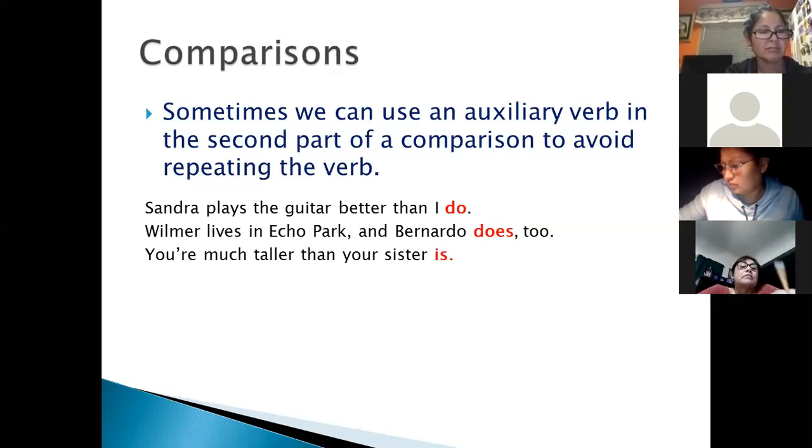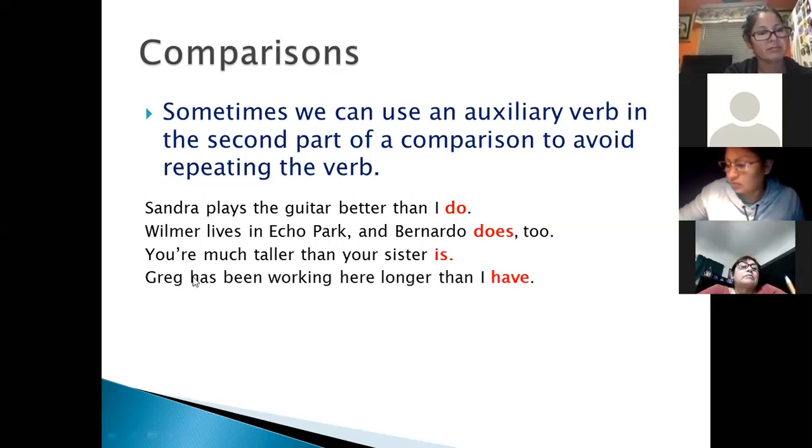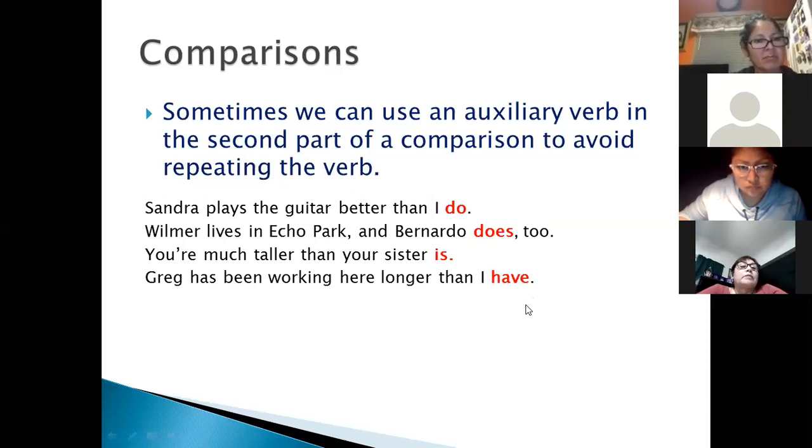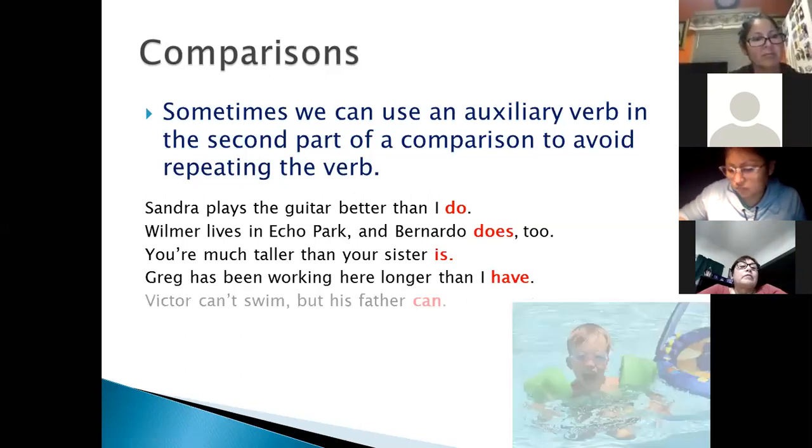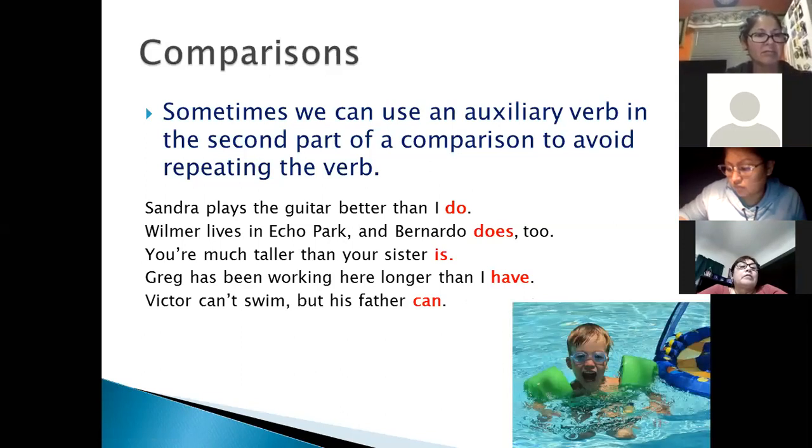But if you want to have an auxiliary, you would use the same auxiliary as the verb. Greg has been working here longer than I have. Again, longer than I have been working here. But I don't need to say everything. I just say have. Victor can't swim, but his father can.